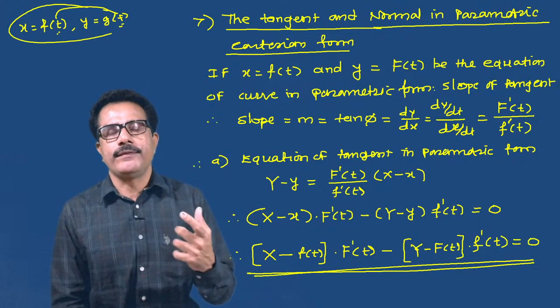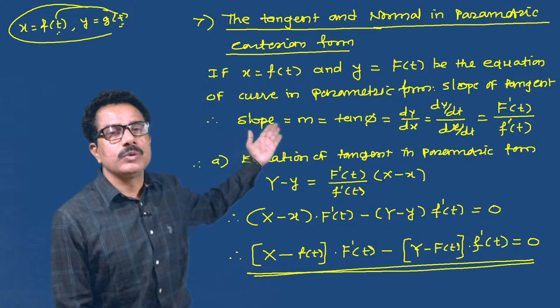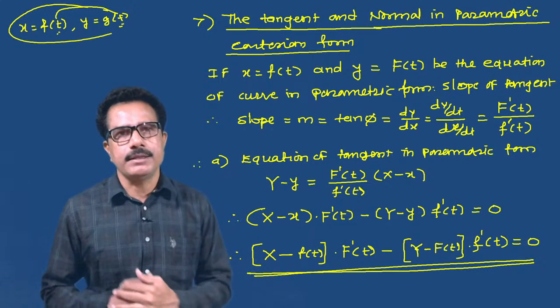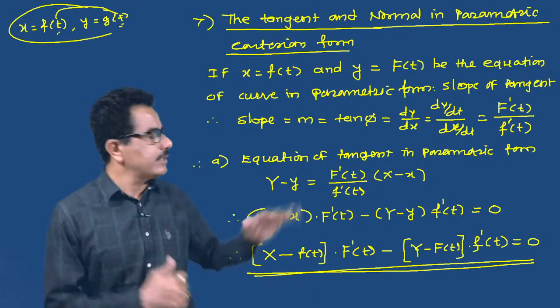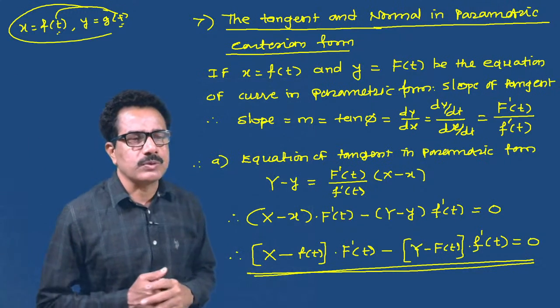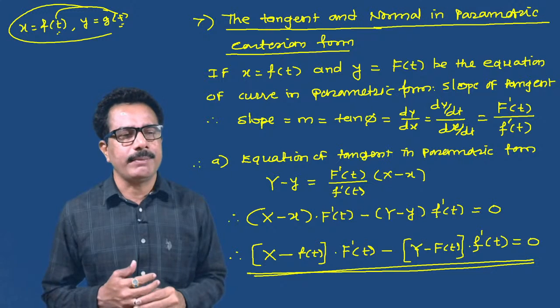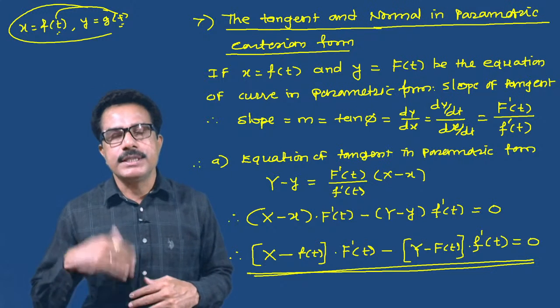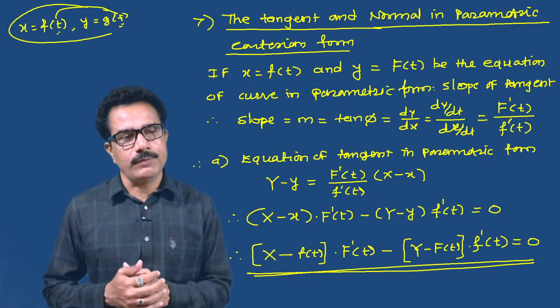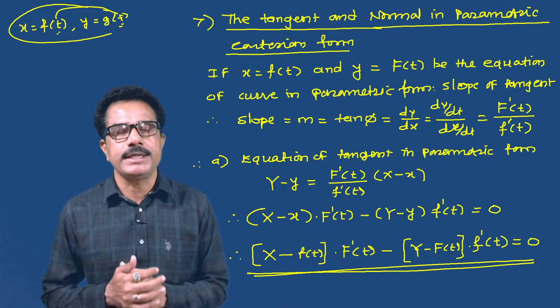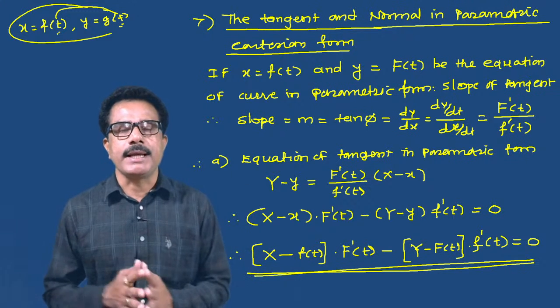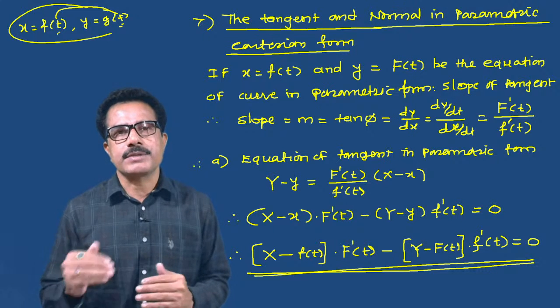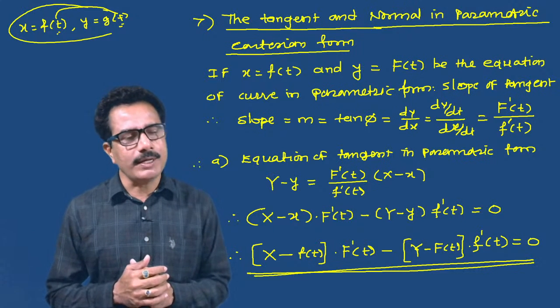The slope of the tangent to the given curve represented in parametric form is m is equal to tan phi, which is dy by dx, which in parametric form is dy by dt divided by dx by dt, where dy by dt is capital F dash of t and dx by dt is small f dash of t.